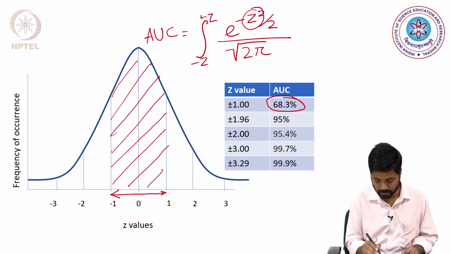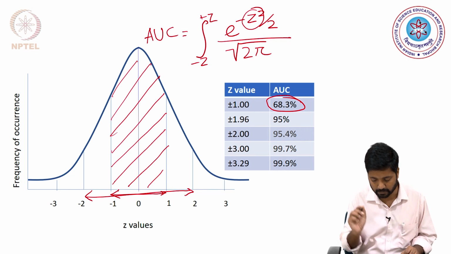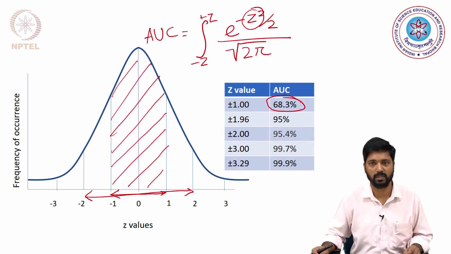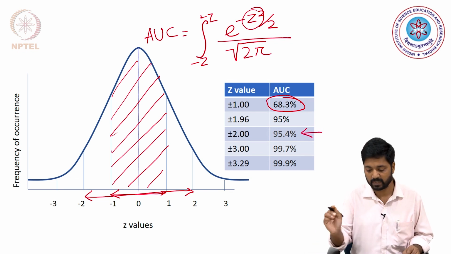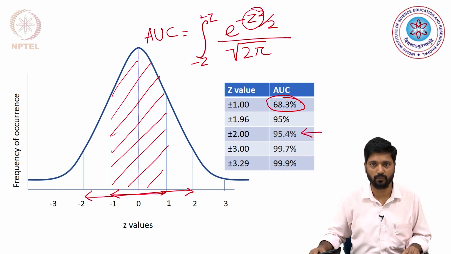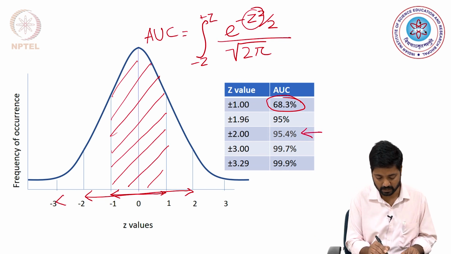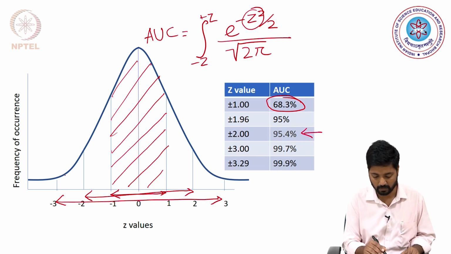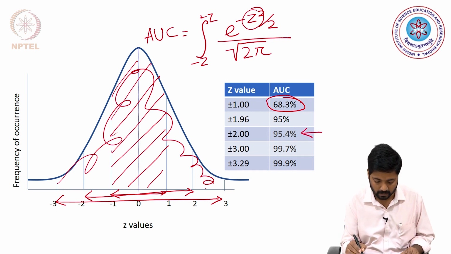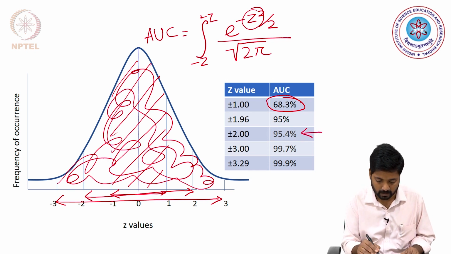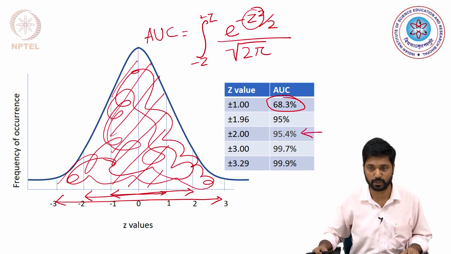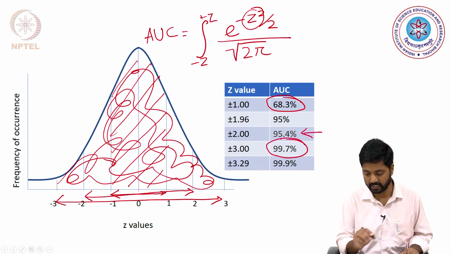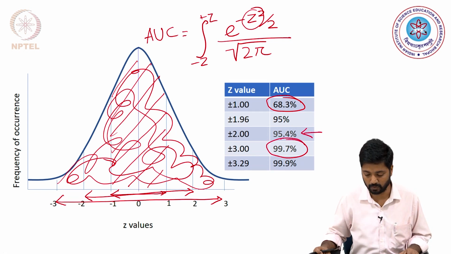Similarly, when we expand this to plus minus 2 z values, then we are able to cover a larger area under the curve, and this corresponds to 95.4% of all the data points. As we go further, we can make it to z plus minus 3, where we are now able to cover a very large proportion of the area, corresponding to 99.7% of all the values.